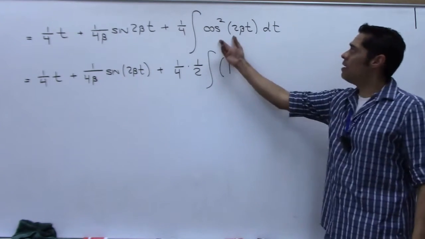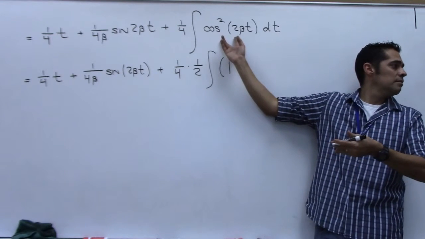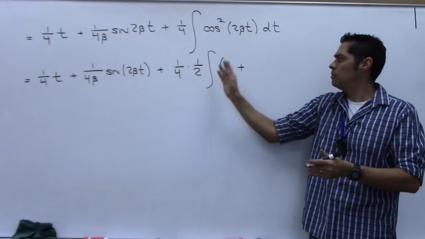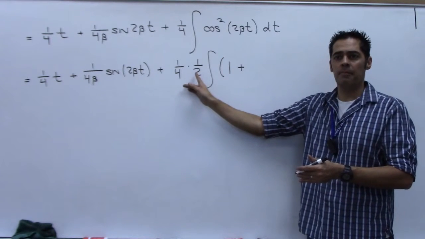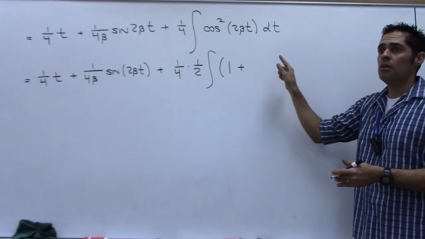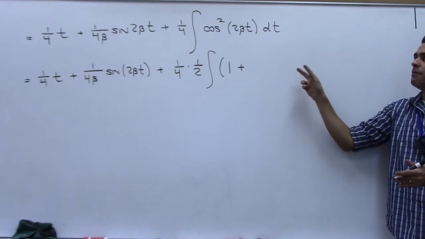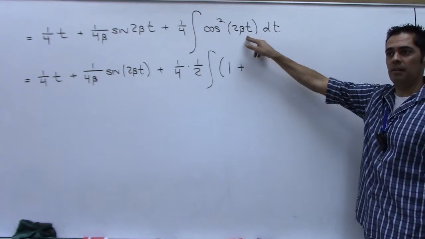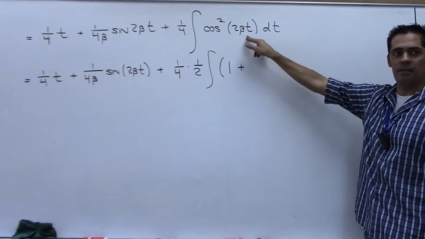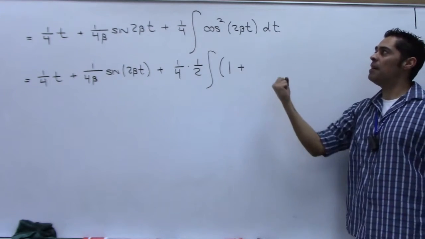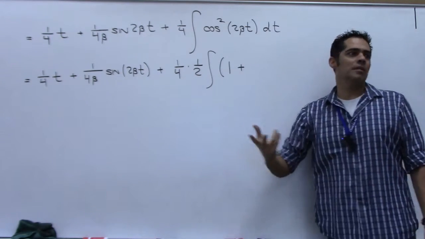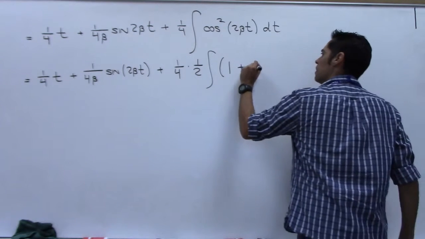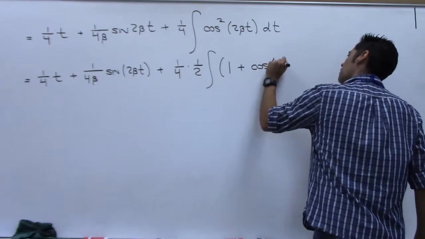So when we use the formula, we get a 1/2, right? That 1/2 will always be able to come out of the integral. Then it's 1 plus cosine 4 beta t, because you've got to double the angle again. The formula says that the power can come down as long as you're willing to double the angle. And if the angle is 2 beta t, it's going to become 4 beta t. So this becomes cosine 4 beta t.